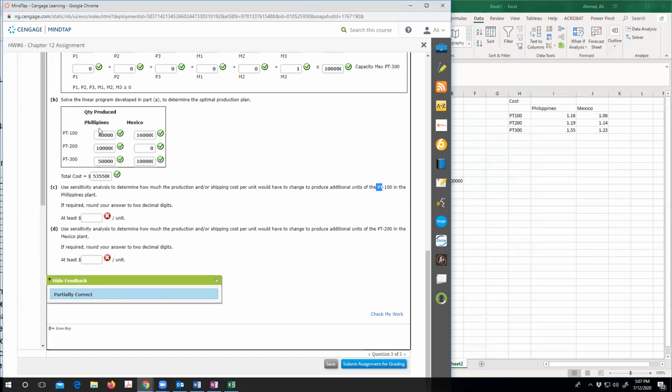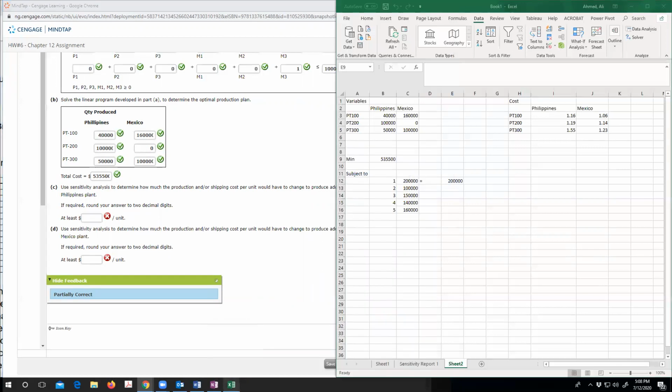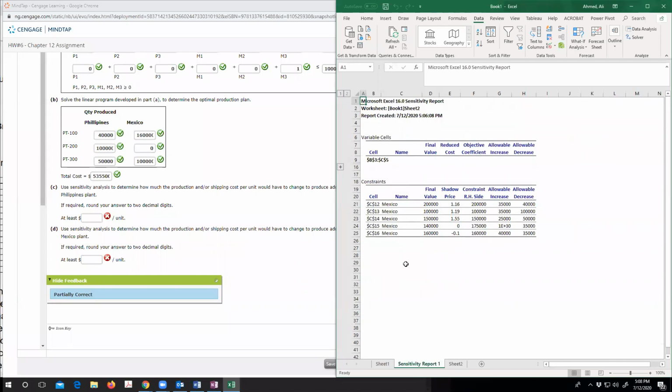If we change the cost a little bit, we can produce one additional unit while keeping our maximum production, while minimizing the overall cost. So this is the report which was generated by clicking on sensitivity report.